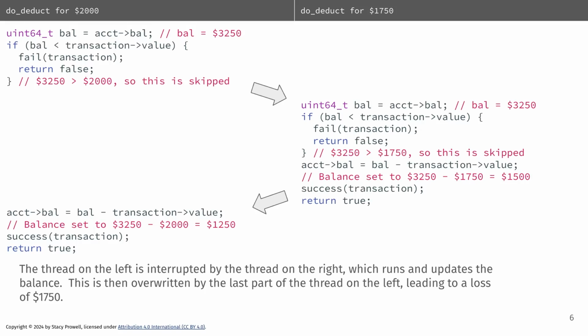So, on the one hand, that's good for you, I guess, because you have $1,250 in your account as opposed to being overdrawn by $500. But on the bad side, the bank is out $1,750, and they will figure it out at some point and come after you to get it.